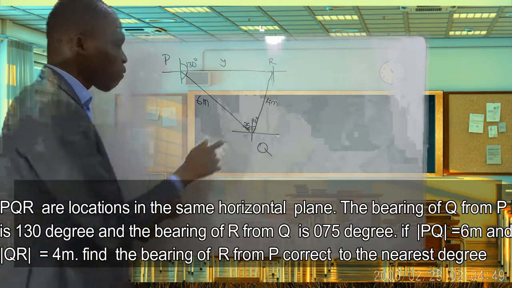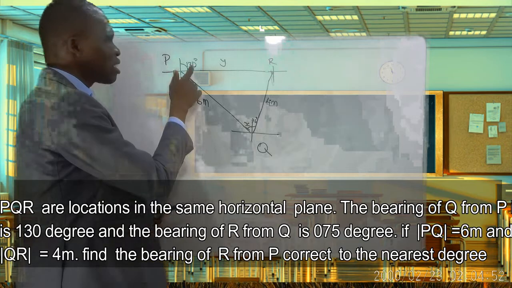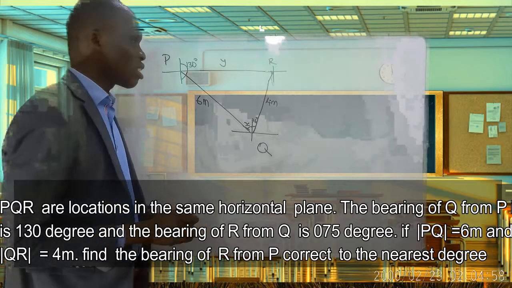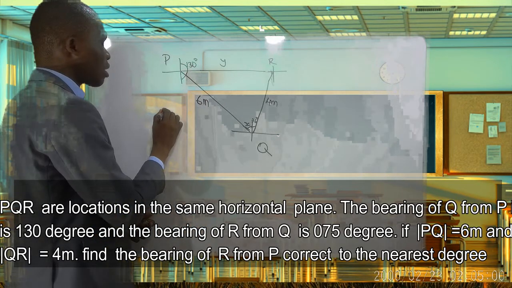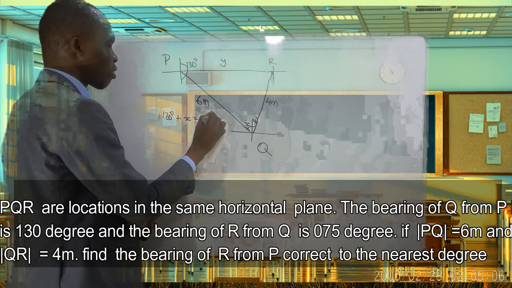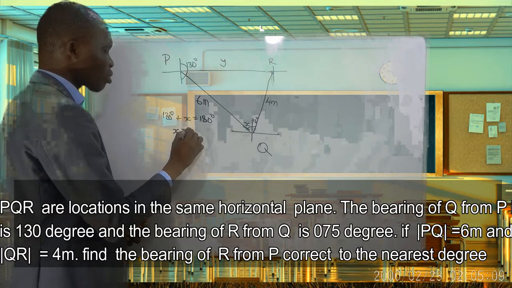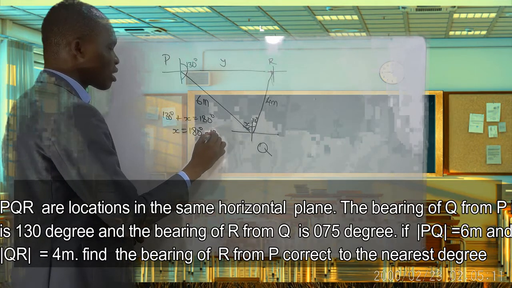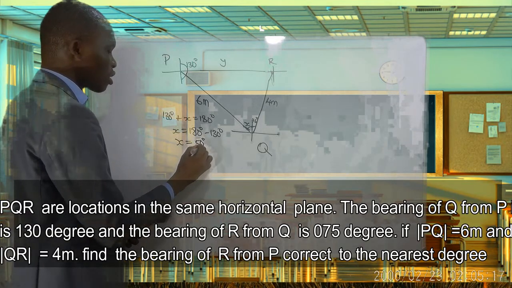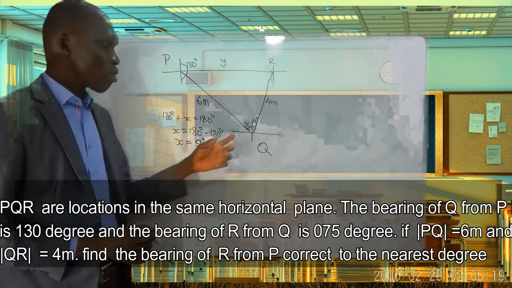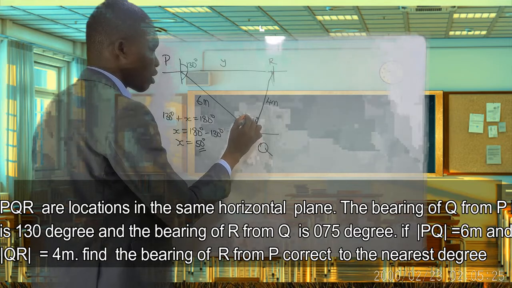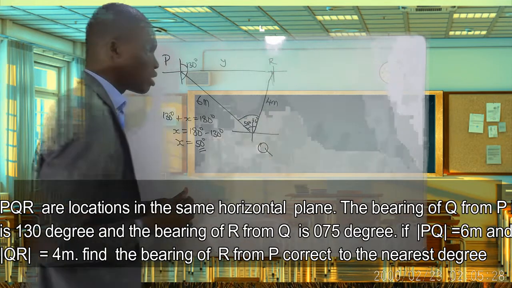Now to find this X, you know that this is angle on a straight line, and the sum of angles on a straight line is 180. So this will give us 130 degrees plus X equals 180 degrees. So X will give us 180 minus 130, which will give us 50 degrees. So this will be the value of X. Now I want to know this angle.